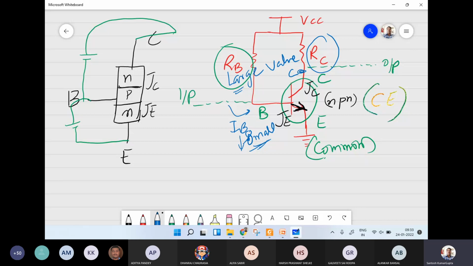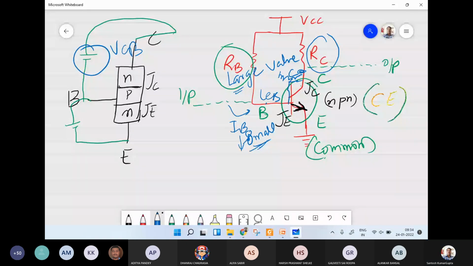This voltage we call VCB. So VCB has to have this kind of polarity: the base should be less positive and the collector more positive. Then only will we have a voltage across this. So this is just a qualitative view.